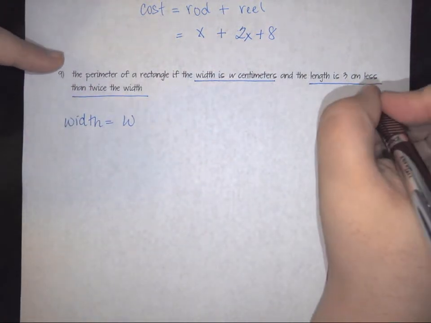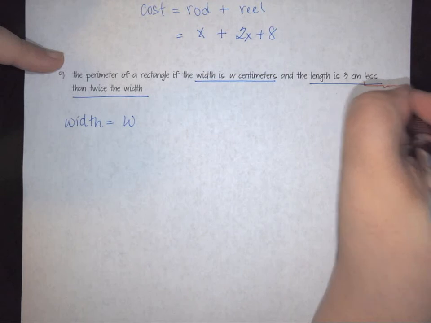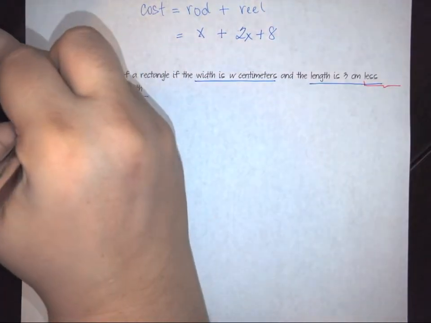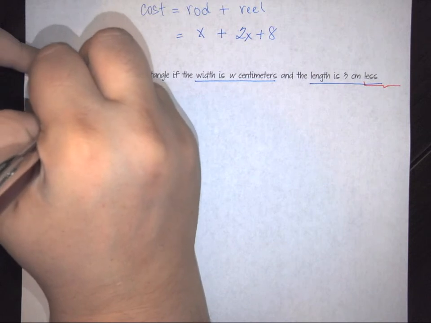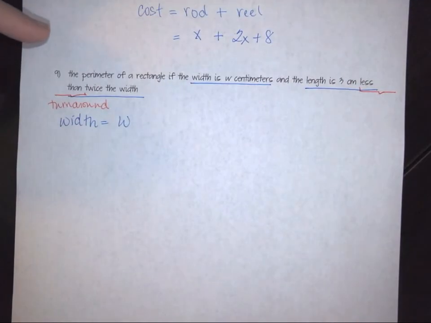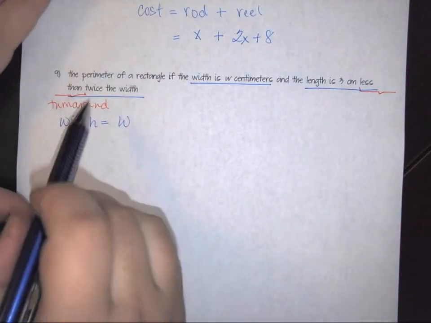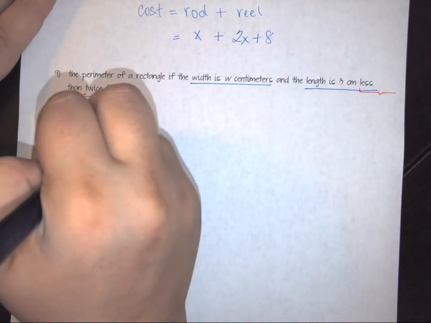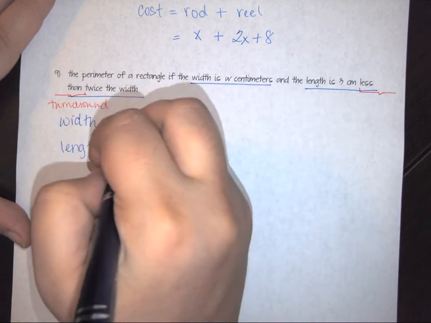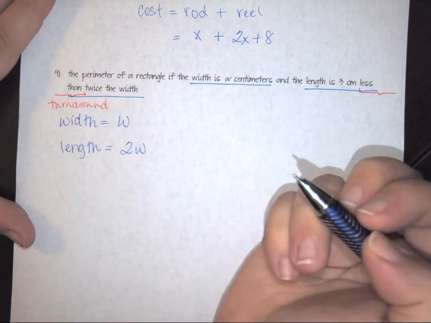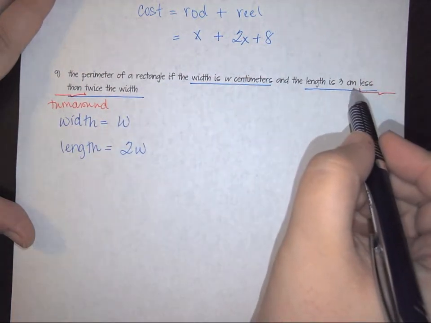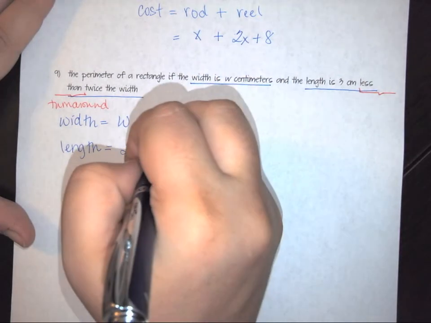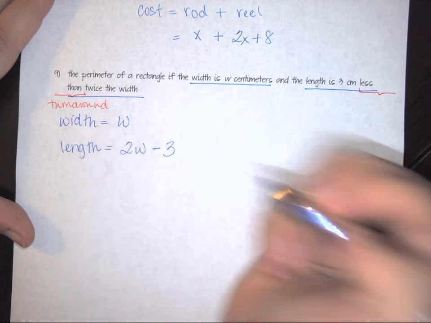So again, here is that turnaround phrase. And that turnaround phrase says the stuff off to the back goes first. So when I'm looking at my length, I've got twice the width, so 2 times W, and then I have 3 centimeters less than, so I have to do minus 3.